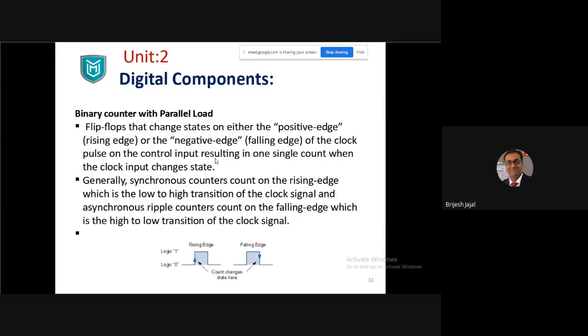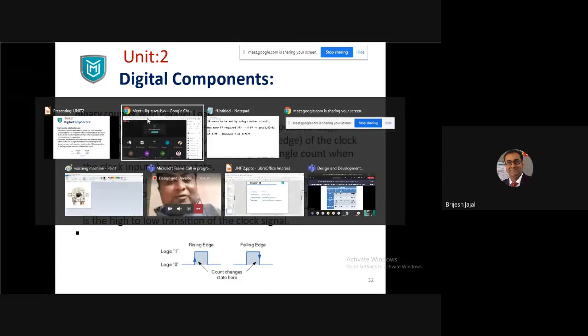Already you know this, right? I also give another name, rising or leading edge. And this is the falling edge, so it comes down from 1 to 0. Now if I use a counter, I have to decide whether I want to count when it goes up or when it comes back. Which place I want to count, that I can decide. So this is known as an example of a binary counter with parallel load.